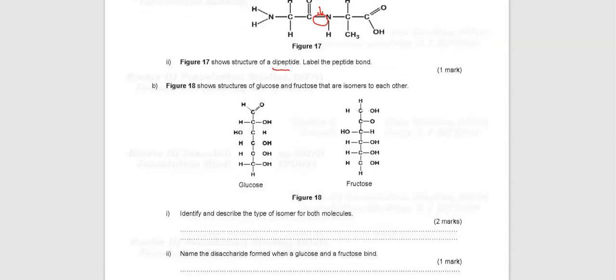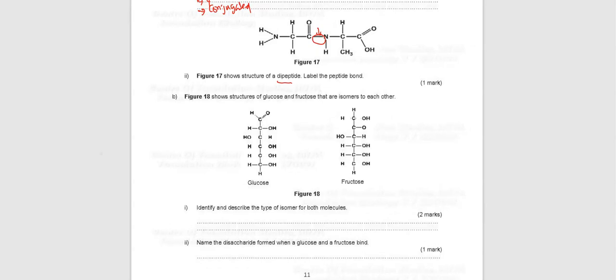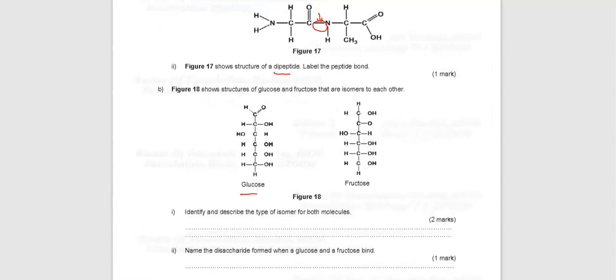The next question, B, figure 18 shows the structure of glucose and fructose that are isomers of each other. Glucose and fructose are hexoses, 6 carbon sugars. They are isomers of each other, where the molecular formula is the same, but the structural formula is different. The position of the carbonyl group is different.